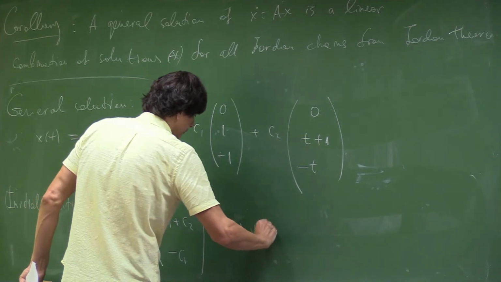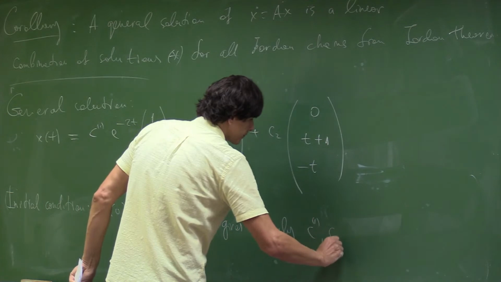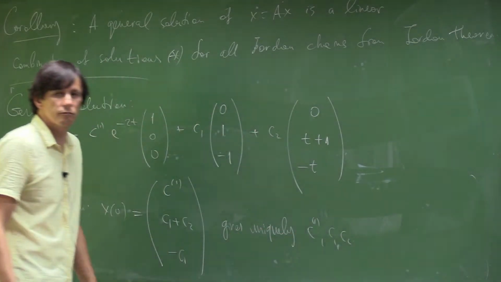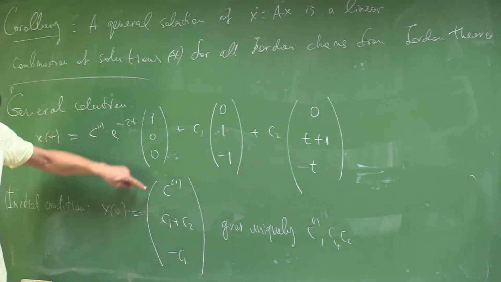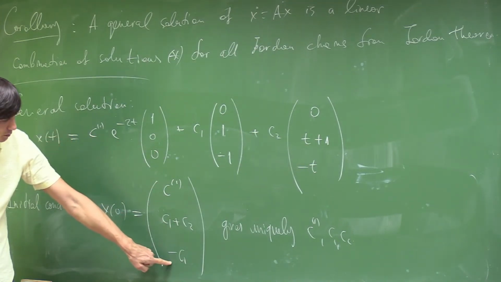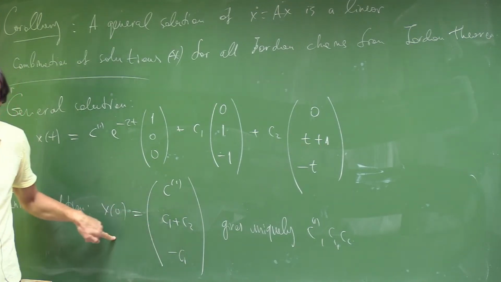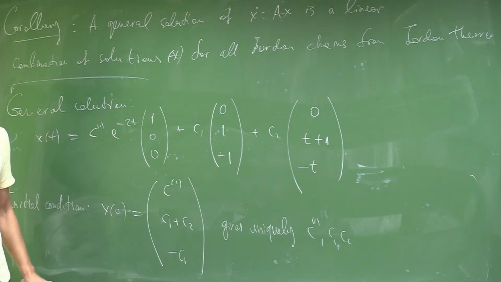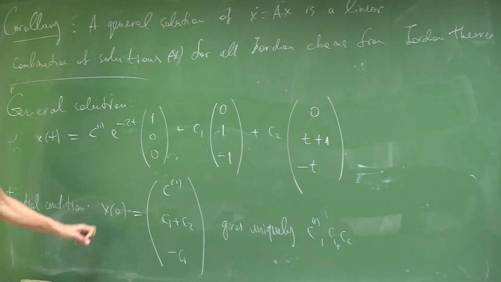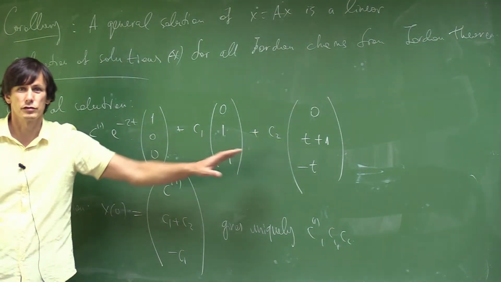This gives uniquely these three coefficients, right? So whatever the initial condition, capital C1 is the first component, C1 is the third component, and C2 is obtained from the second component. So given the initial condition, we have three coefficients, and this gives the solution.